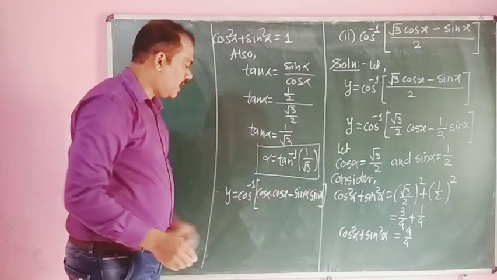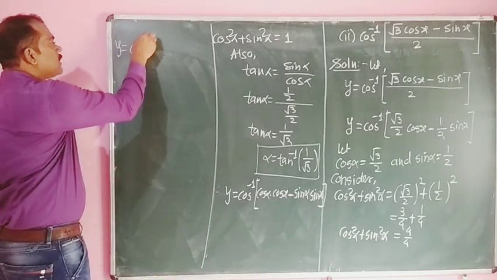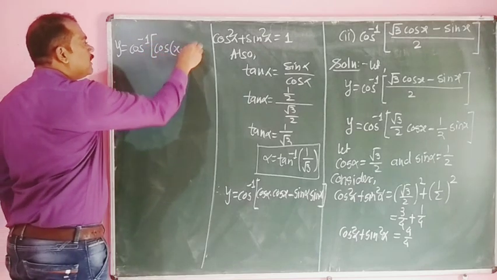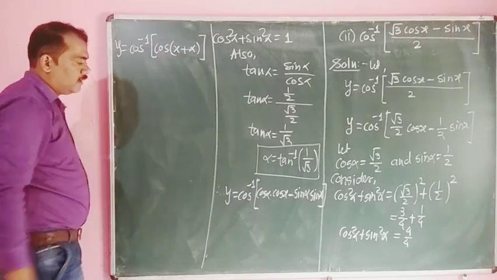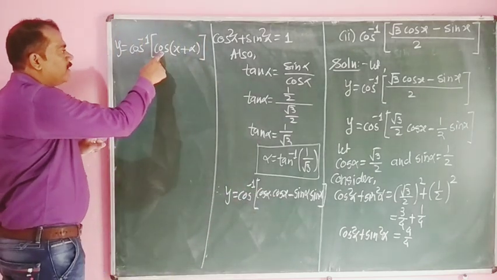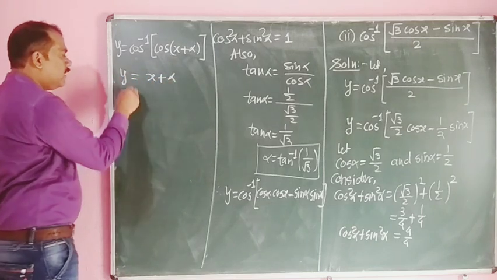Cos minus sin, so we get y equal to cos inverse of cos of (x plus alpha). Cos A plus B, that formula we have used. Cos inverse of cos x is nothing but x. Here we get x plus alpha.